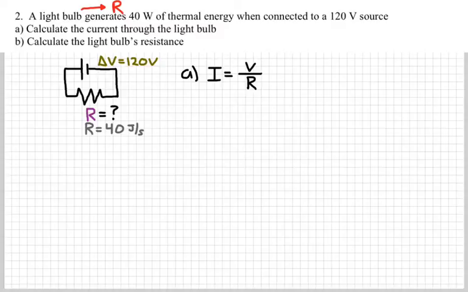So we can either find R first somehow, or what we might do instead is use the power that's given to us to solve for the current. I've got P, I've got V, I can use that equation and solve for I. So if I divide both sides by V to get current by itself, it might look like that.